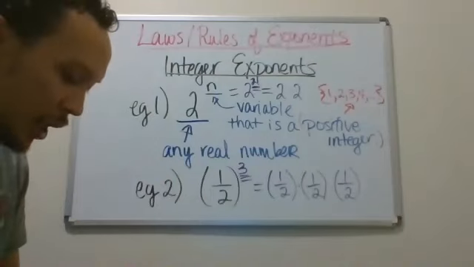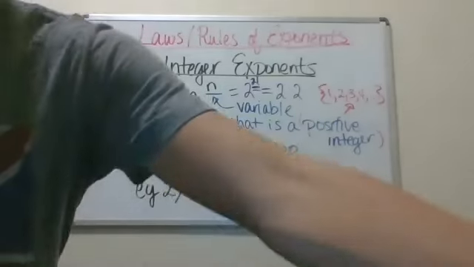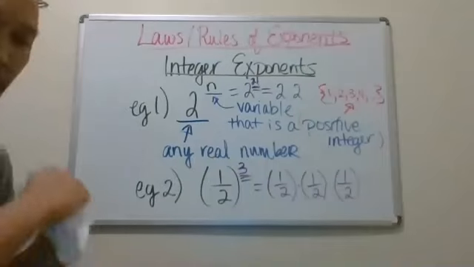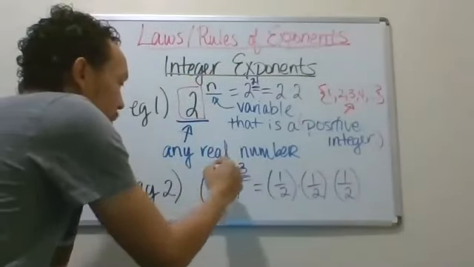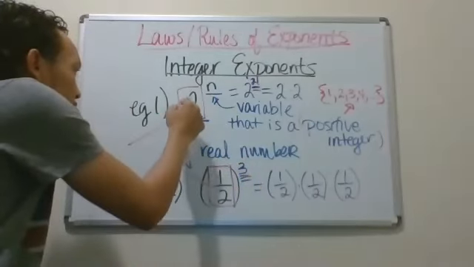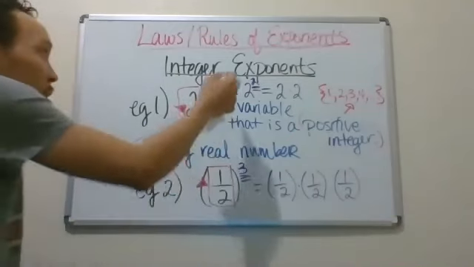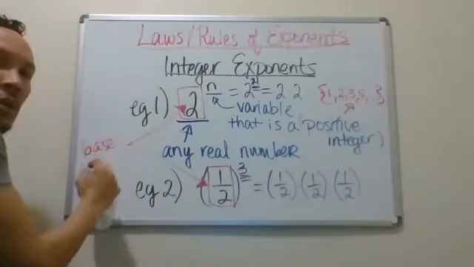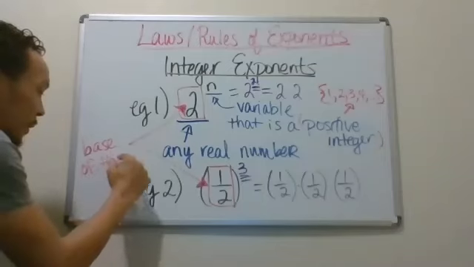So let's talk about what these parts mean. Our number 2 and the number 1/2, we call these numbers, when we're dealing with an exponent, the base of the exponent.